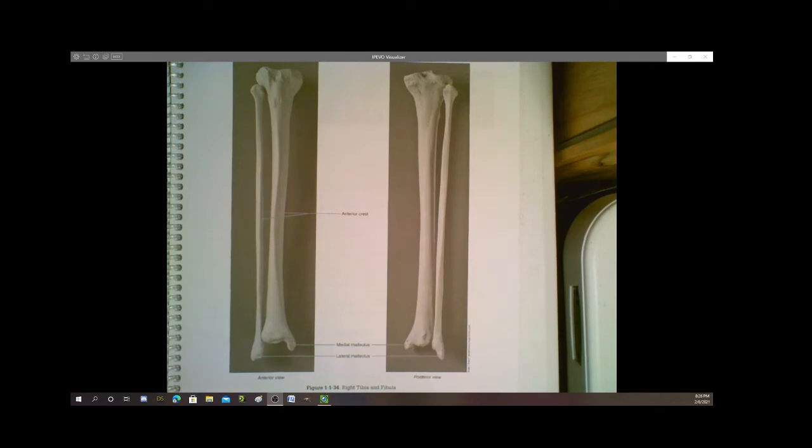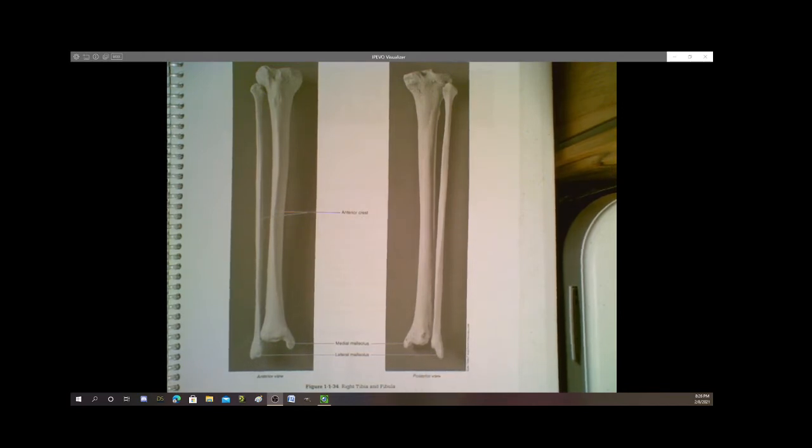And the fibula, you don't need to know anything about the fibula, really. You don't need to know left or right, nothing like that. The only thing that you need to know is at the bottom of these two bones, you've got these things called the malleolus. Now, the tibia, the weight-bearing bone, has the medial malleolus, and the fibula has the lateral malleolus. Those are bumps that make up your ankle bumps.